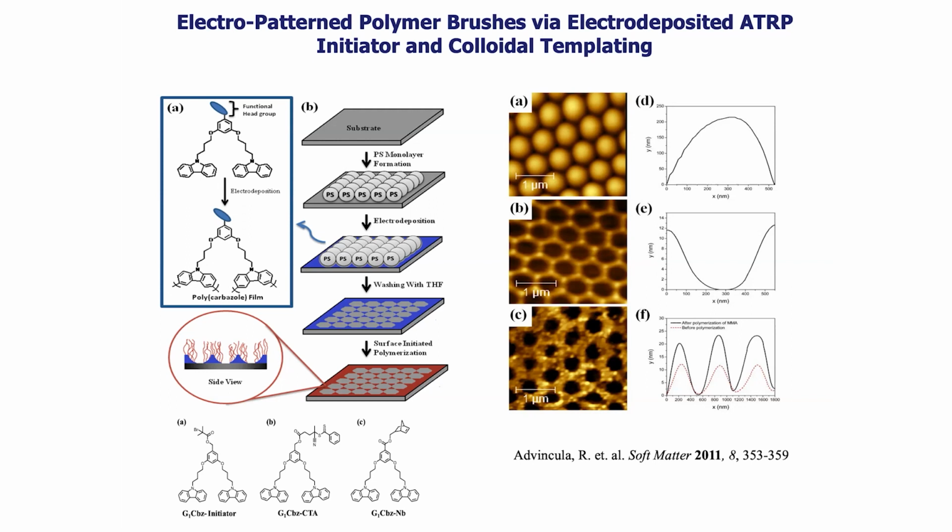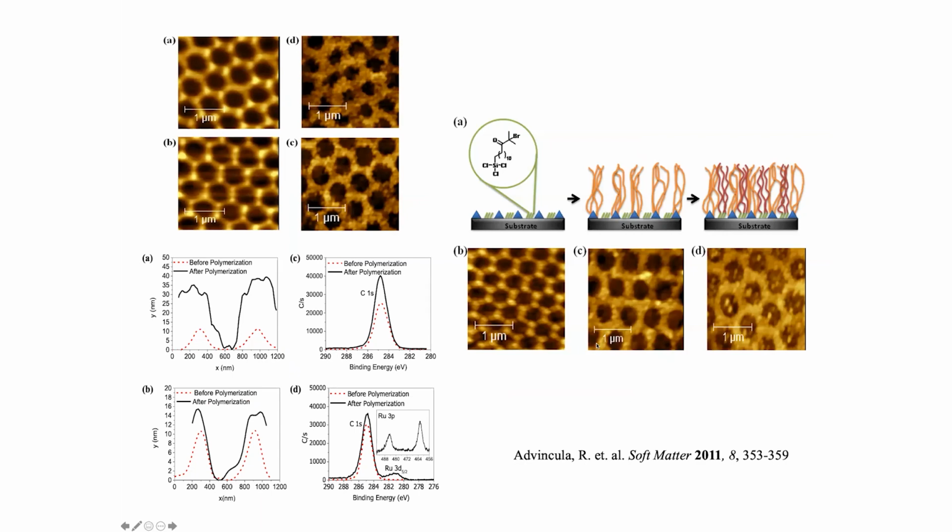The result is we can then graft the polymer brushes directly on top of the conducting polymers, as shown here. However, we still have the ability to backfill the holes with the macroinitiators that were deposited by self-assembly, and therefore we can have a binary to ternary composition of the two polymer brushes and the conducting polymer pattern array substrate.